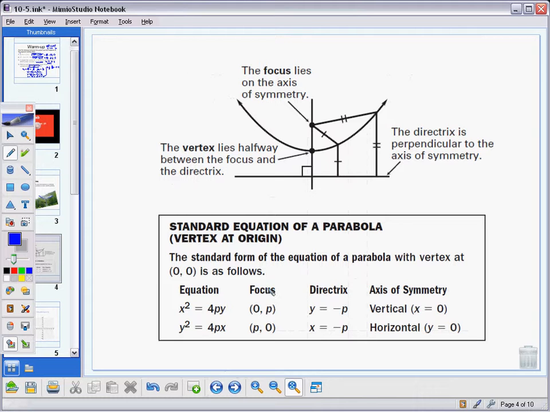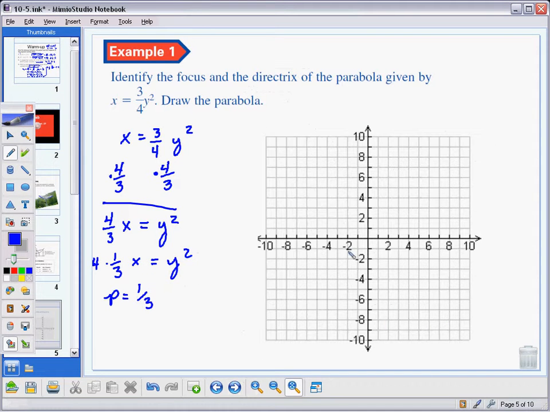First thing is it's going to unlock the focus. Now since we have y squared, we're going to have a focus at (p, 0). So let's go mark that on here, (p, 0), so at (1/3, 0) will be my focus. That's my focus.